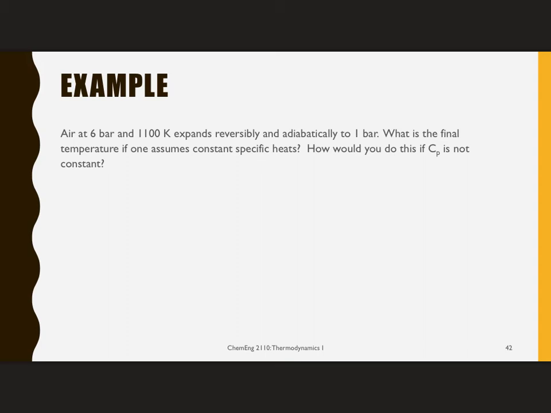So in this case, reversibly and adiabatically, this is that magic triplet, okay? When you have two, the other is inferred. You could prove that by going back to your definitions of entropy from the beginning of this chapter. But these tell me it's isentropic, so delta S is equal to 0.